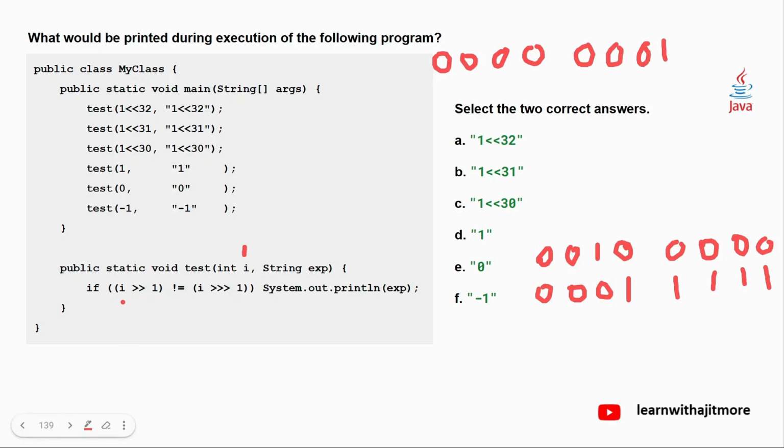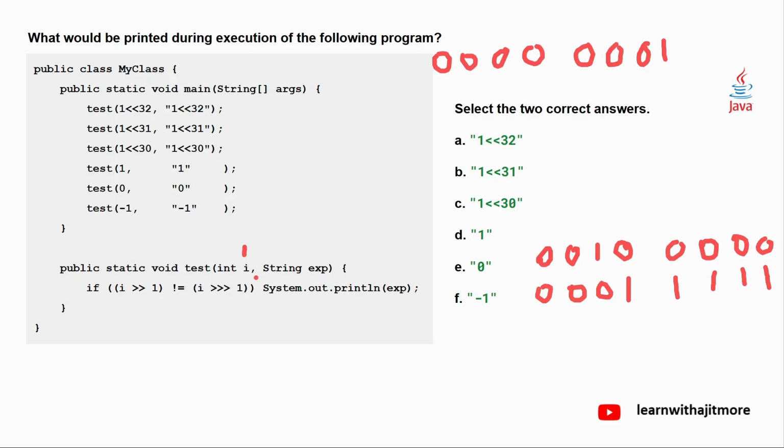Now tell me, that 1 you're shifting right side by 2 greater and 3 greater. Are the answers going to be different or the same? It's going to be the same, because the sign bit is 0. So see here, when you shift this right side, what is I containing?